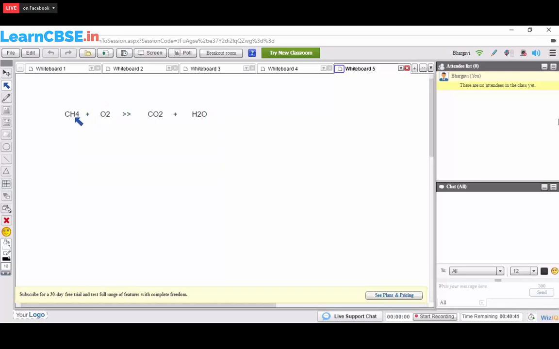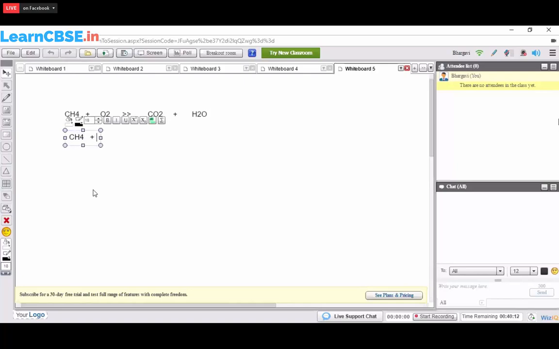So 4 hydrogen atoms, but here it is only 2 hydrogen atoms. So we have to place the 2 in front of it over here, then it becomes 4. And then we have to balance the O2. Whenever we are balancing the combustion equation, first we have to balance the carbon and the hydrogen. At last we have to balance the oxygen.